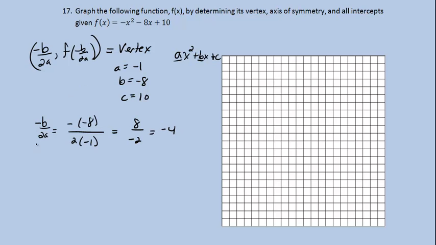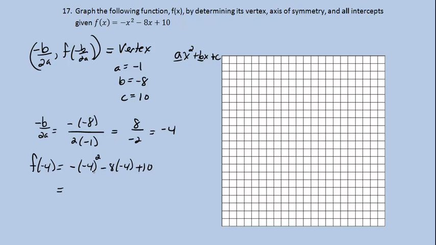If I want to find the y value, I'm going to find the functional value of negative 4, and that will equal negative 4 squared minus 8 times negative 4 plus 10. If I have negative 4 squared, I get positive 16, and this should be a minus. I don't know why it keeps deleting that.